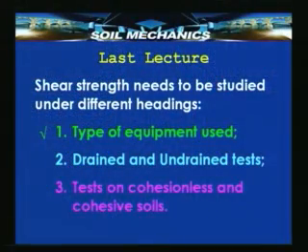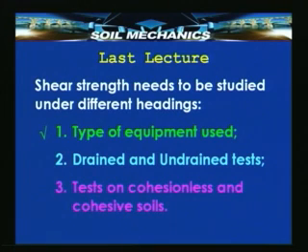Now, for example, in the last lecture I had mentioned that we have divided this chapter on shear strength into 3 major aspects. One is what are the different types of equipment used and what are the kinds of tests that are done with that. Then we have a section called drained and undrained tests.